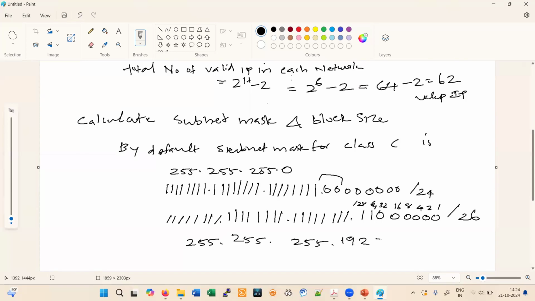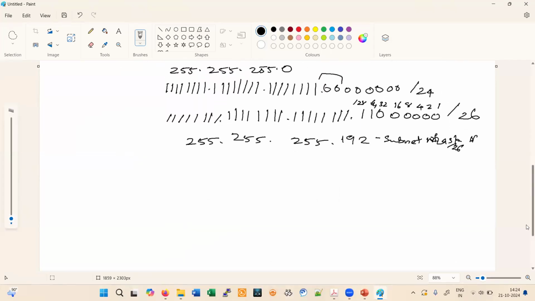This is the subnet mask of /26. So you got it right, how to calculate the subnet mask.